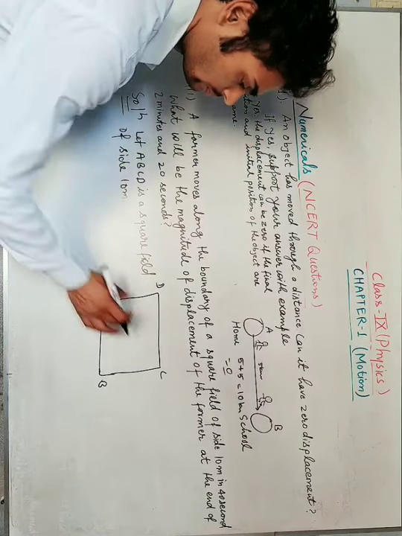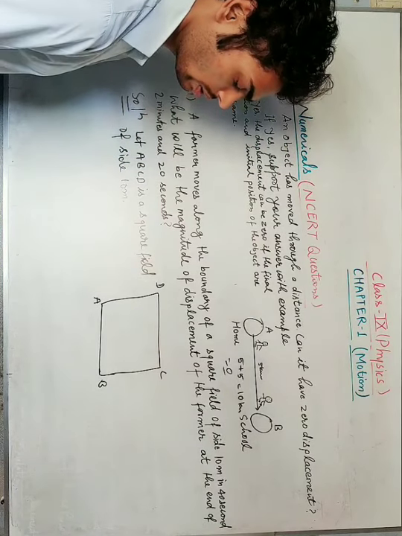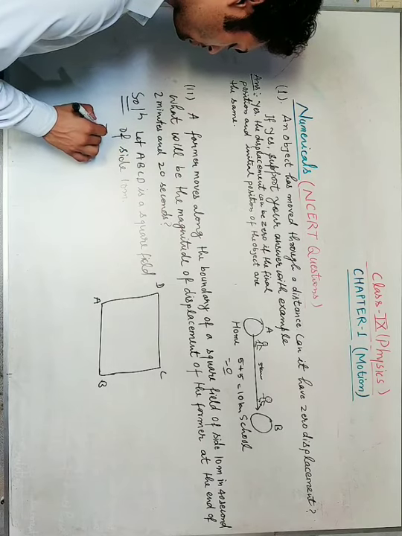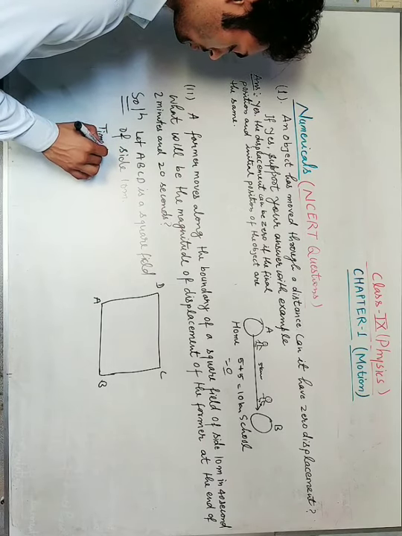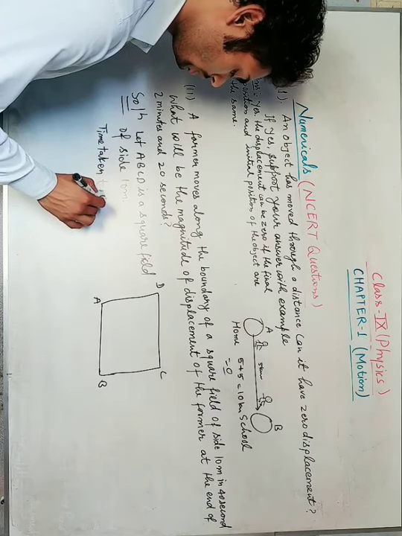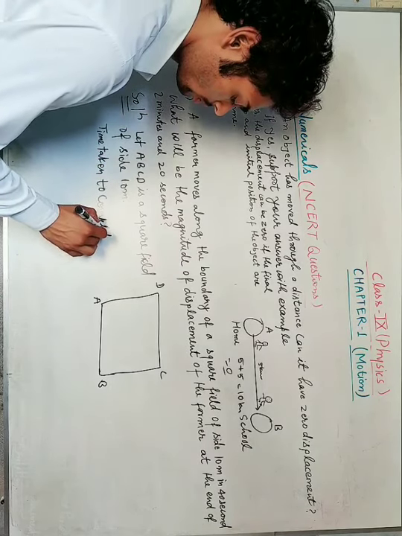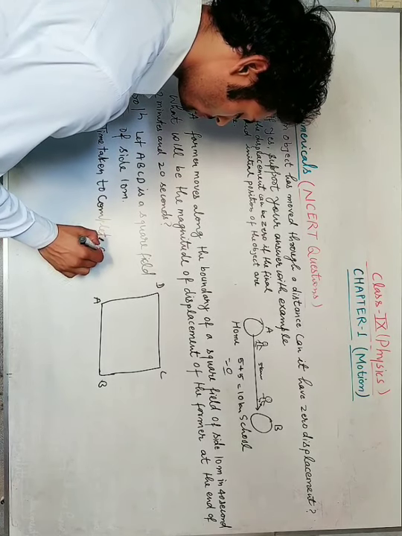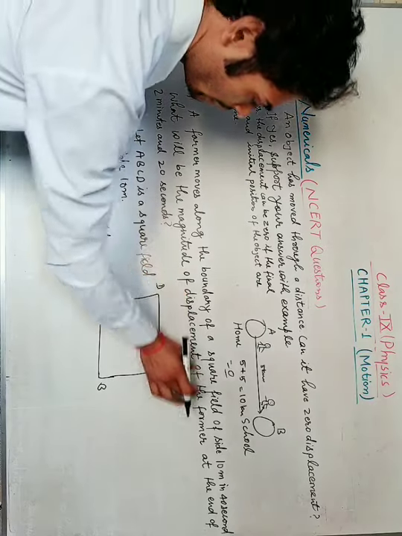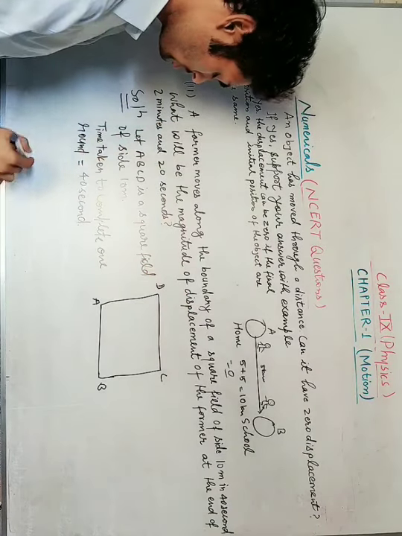Then time taken by the farmer to complete one round equals 40 seconds. Total time given is 2 minutes 20 seconds.